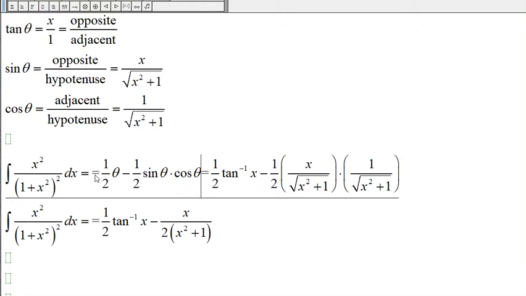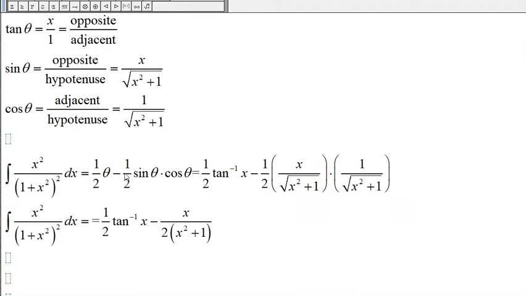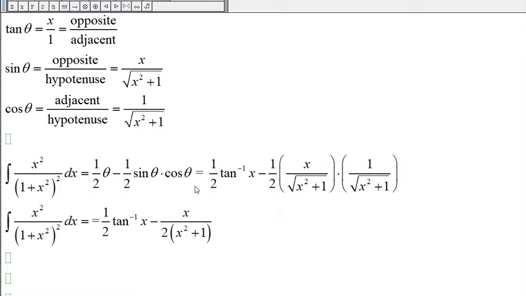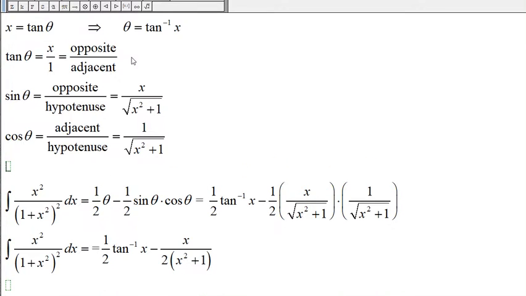And so we have the original integral. We have the integral is equal to 1/2 theta minus 1/2 sine of theta times cosine of theta. Theta is tangent inverse of x.